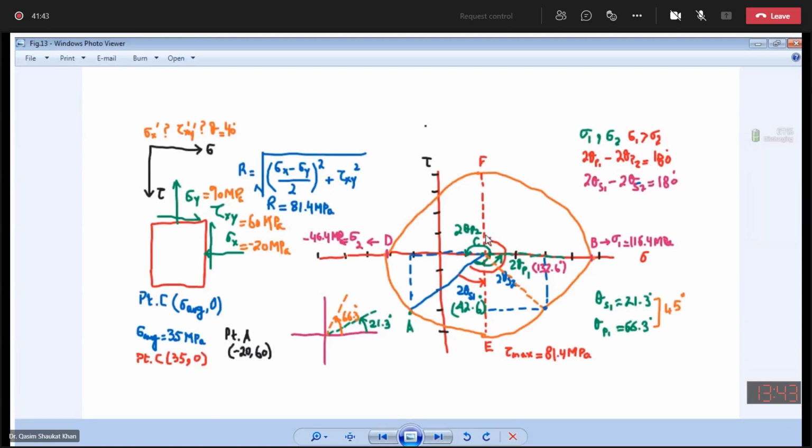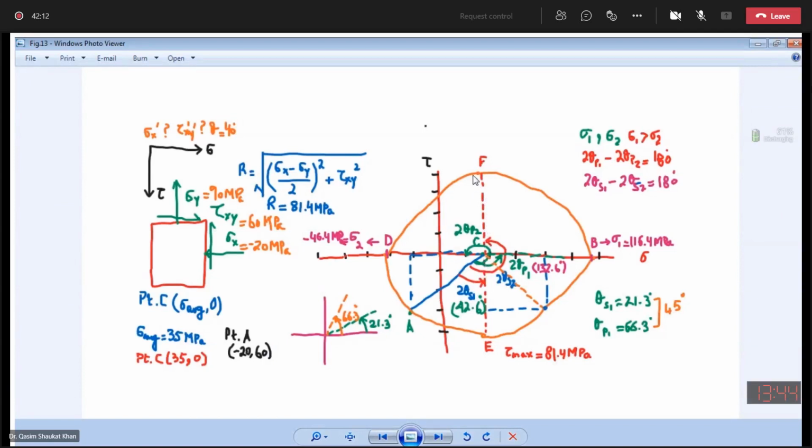Is this point clear? You can see this from the Mohr circle. It is very simple to get the values of the principal stresses, major and minor principal stress, maximum in plane shear stress, orientation of the principal planes, and orientation of the shear planes.